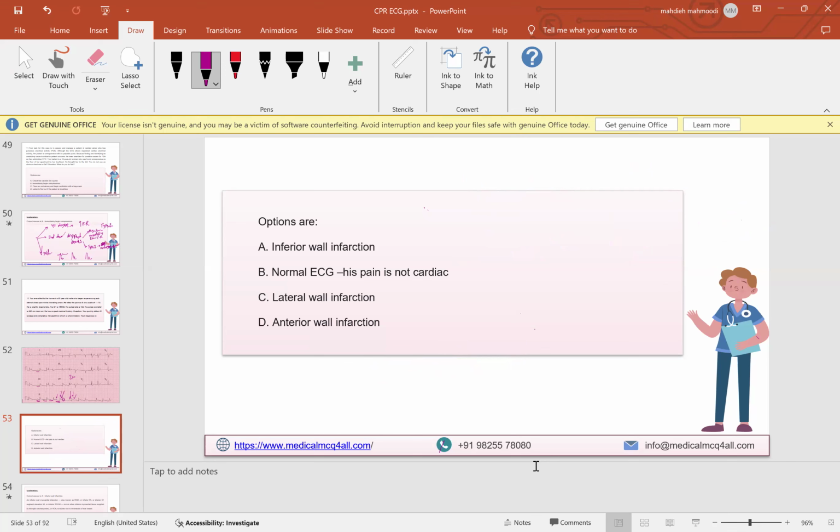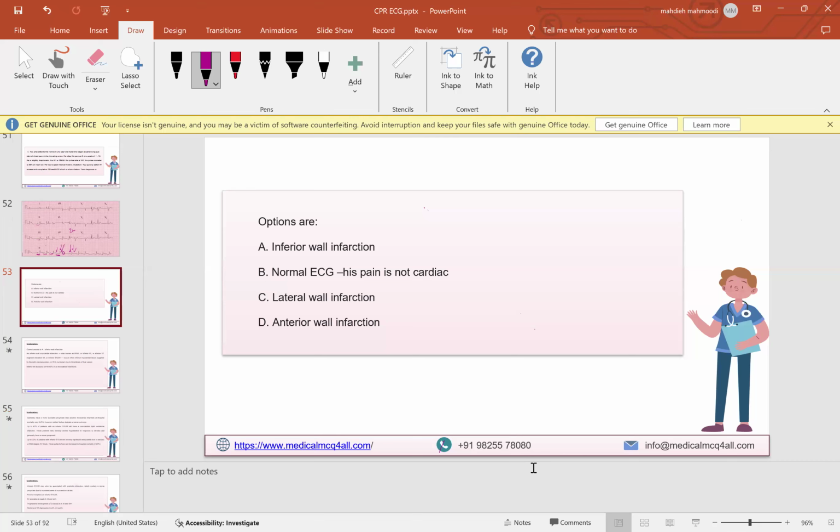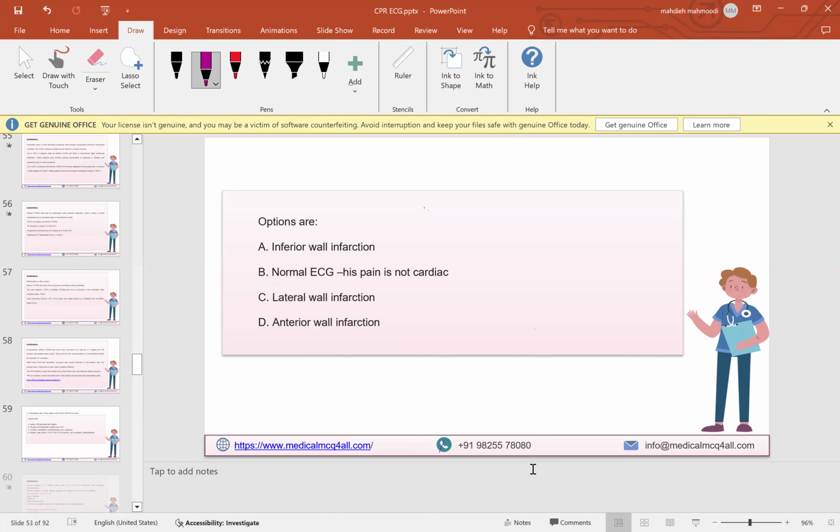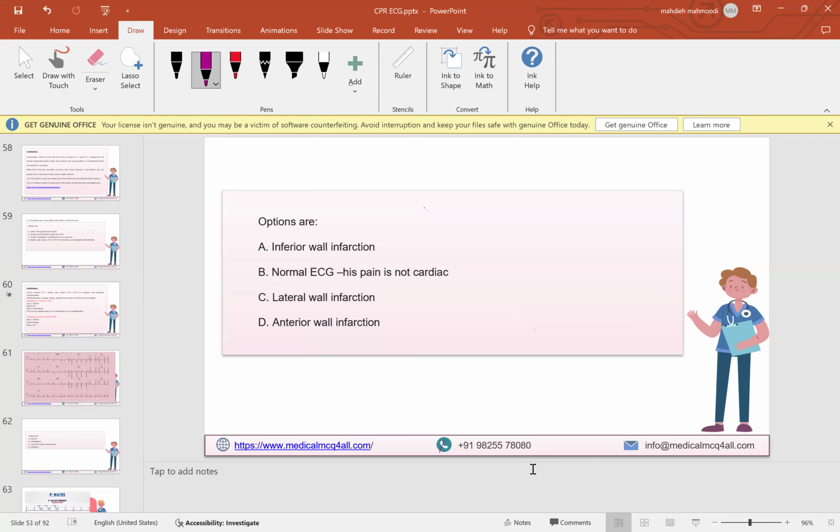Urgent pacemaker is for complete heart block. Otherwise, for second degree type 1 and first degree, absolutely there is no need for you to do anything directly for the block, just treat the ischemia. Is it clear? Yes? Yes. Very good.